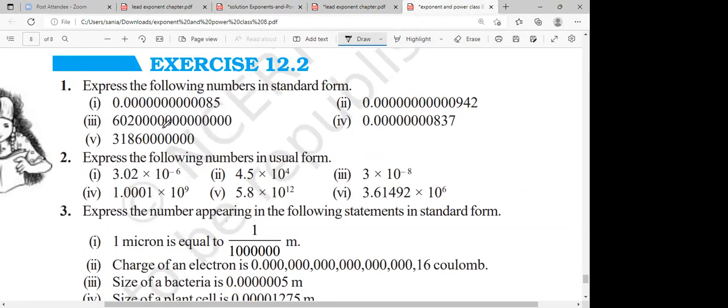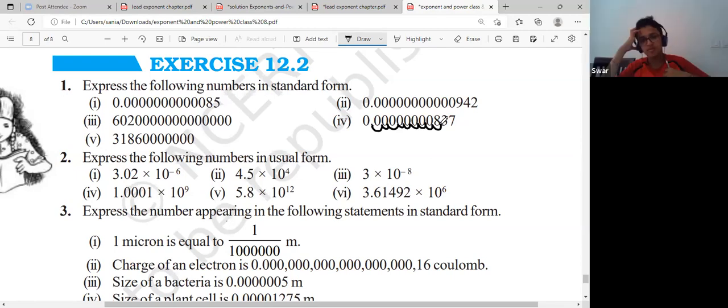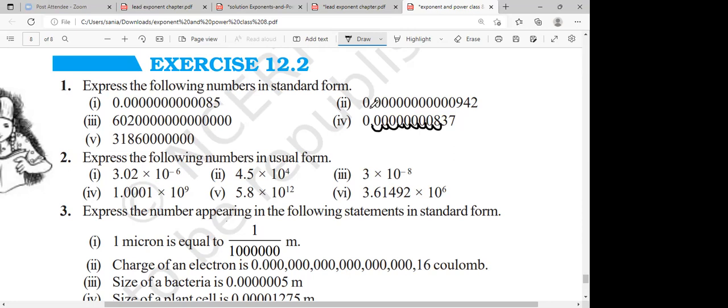Wait. Okay, you have this question. So which one were you doing? Fourth one, right? See, let's just count it. Maybe in NCERT the zeros can differ. So let's just count it. 1, 2, 3, 4, 5, 6, 7, 8, 9. The second one, not the fourth. Okay, sorry. 1, 2, 3, 4, 5, 6, 7, 8, 9, 10, 11, and 12.